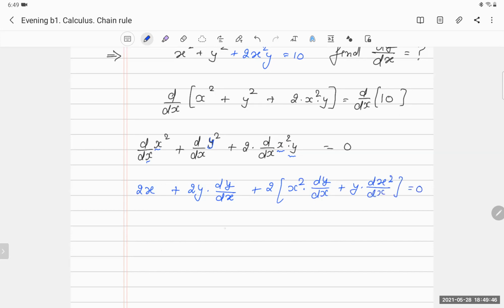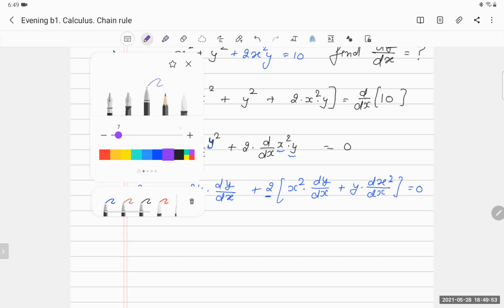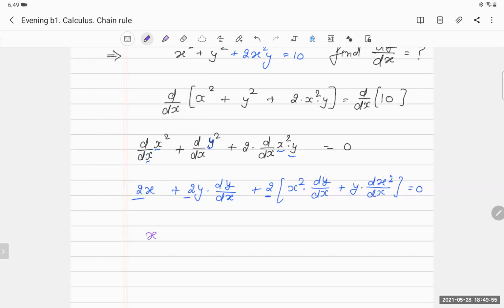Now I will see this 2 and this 2 will cancel out. So it will become 2y dy by dx plus x square dy by dx plus 2xy equal to 0.